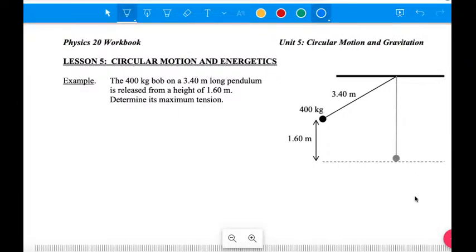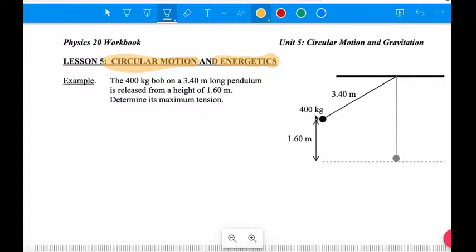This lesson has no notes, pretty exciting, only an example, and it's going to be combining circular motion, unit 5, with unit 4, energetics, what we were doing last unit. So we've looked at pendulums in terms of the energetics, right?